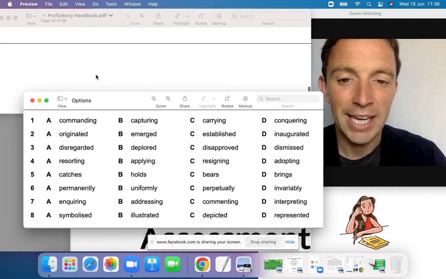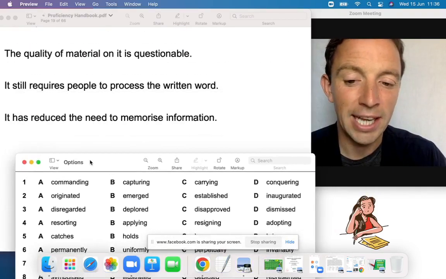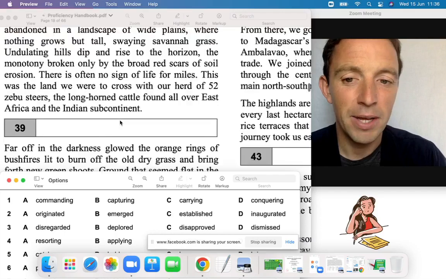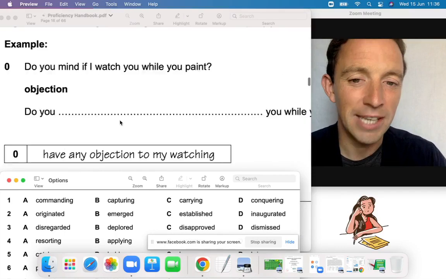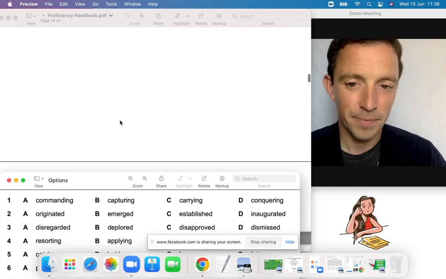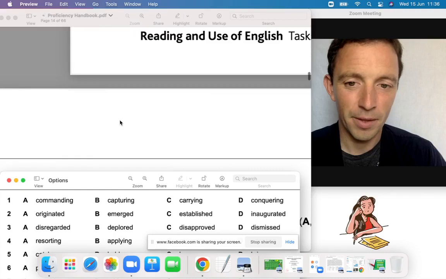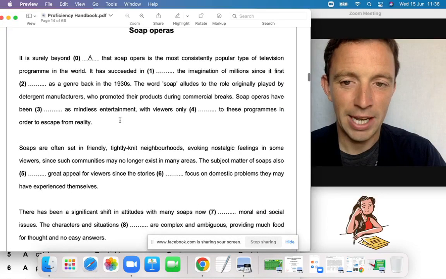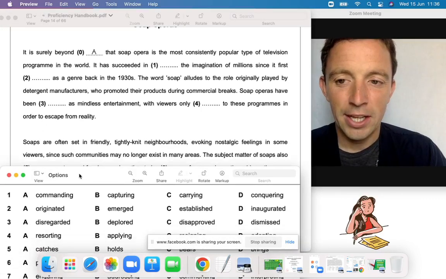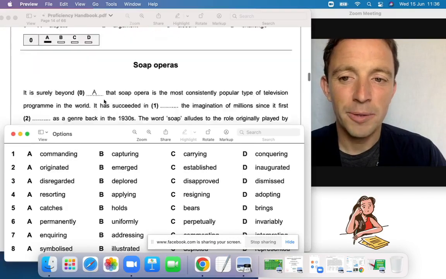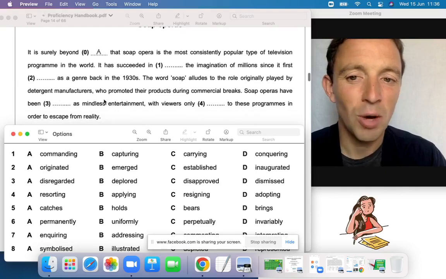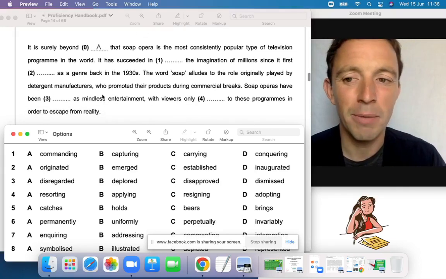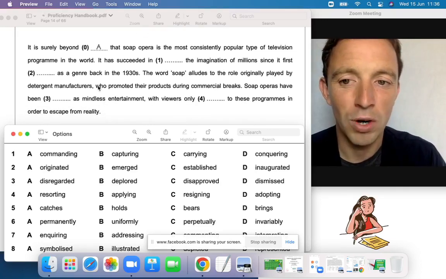So let's just check again the text and let's read again for a final time to review and to summarize everything. So one moment. And here we are, part 1. Okay, soap operas. And let's read it again. It is surely beyond dispute that the soap opera is the most consistently popular type of television program in the world.